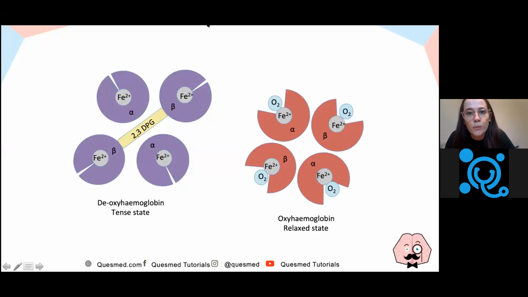So before we move on to the next question, also more questions about shunt. Is shunt related to VQ mismatching? Yes. So shunt would be an extreme version of VQ mismatching. That's where you have an area of lung that is not ventilated but perfused.